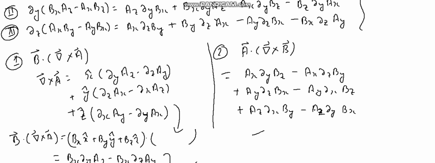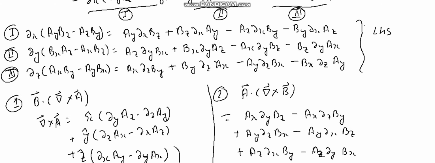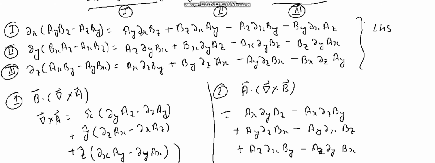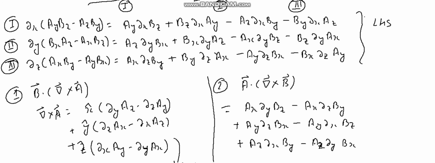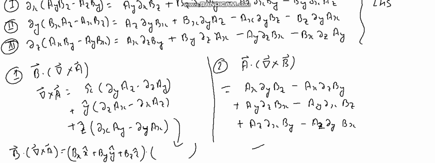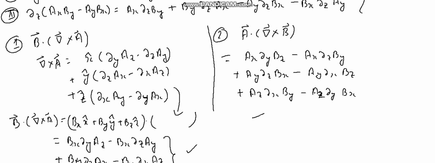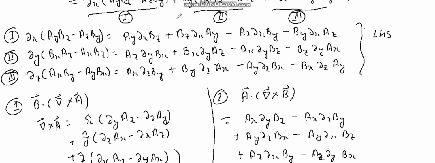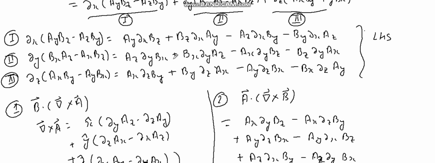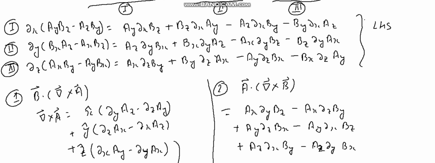So let me see whether all the terms on the LHS are equal to the RHS or not. So ay del x bz, ay del x bz, where is it?